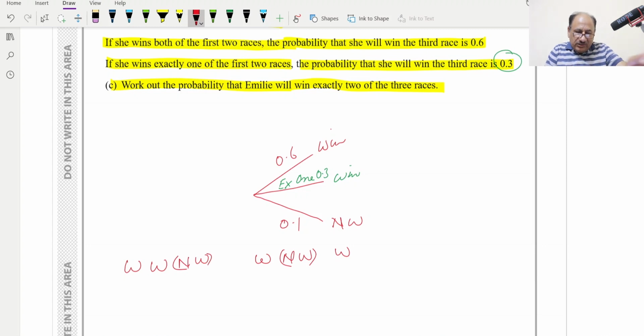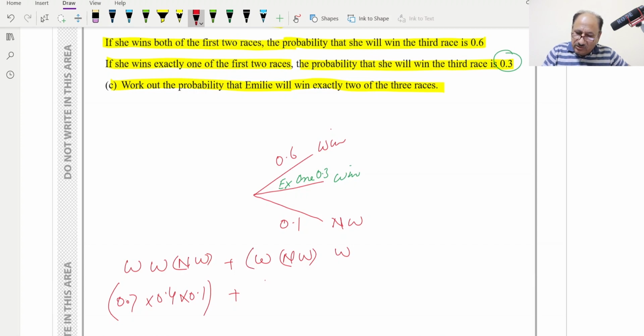Okay, so first win will be 0.7 and second win will be 0.4. So first two win, and third one not win will be 0.1. So this will be the probability for this one, and we can add the probability of this.